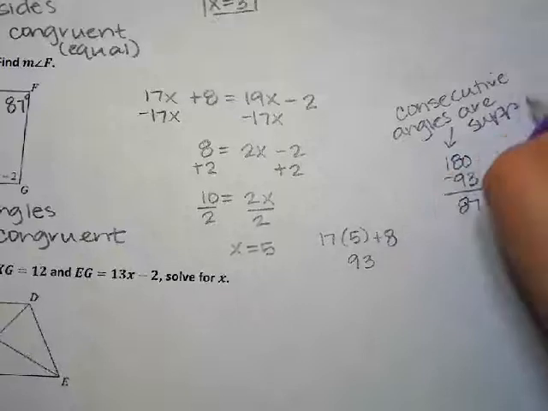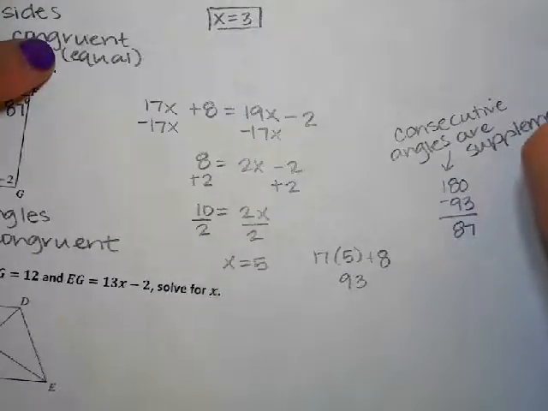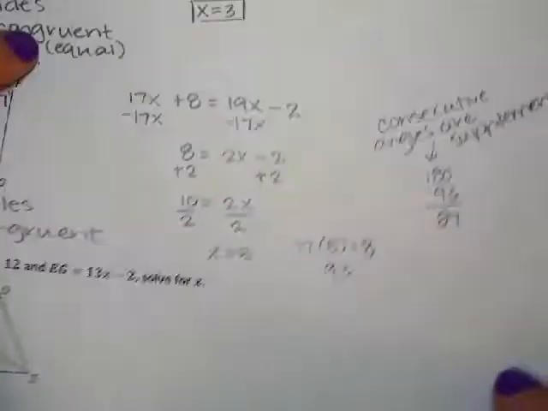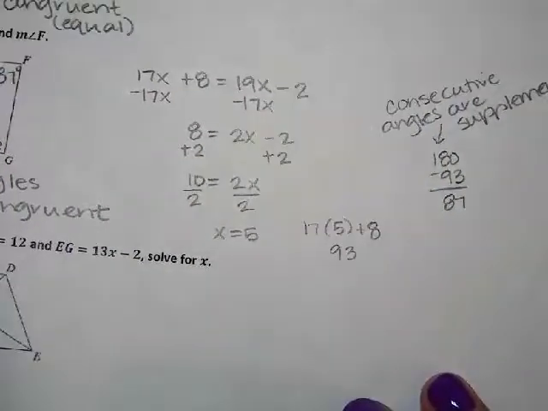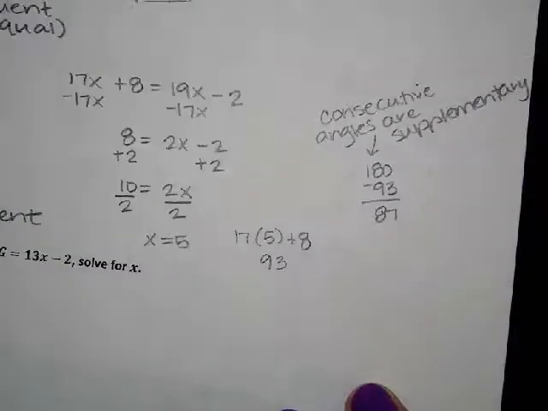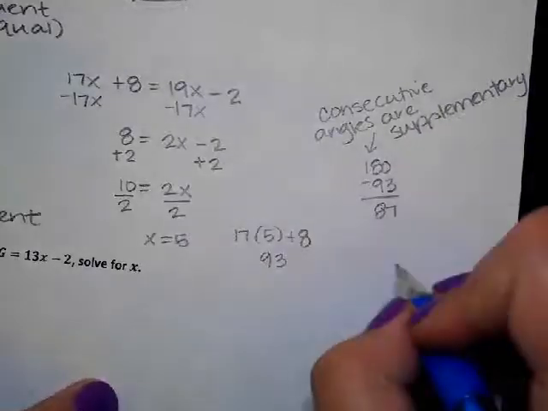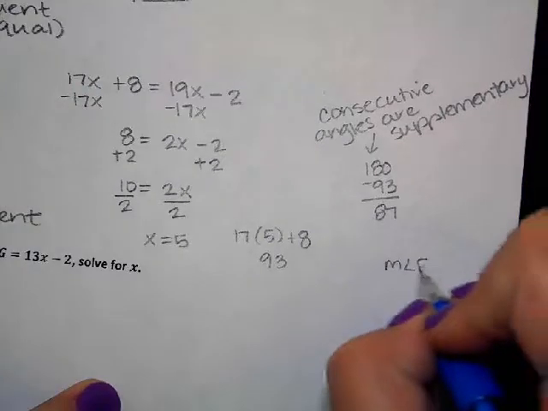When you do your practice assignment, you do not have to write out the properties for every single problem that you do. The reason we're doing it on our notes is just so that we can see this is the math fact that we learned, this is how it works in our application. This is why we're able to do what we're doing. Okay. So the measure of angle F is 87 degrees. Final answer.